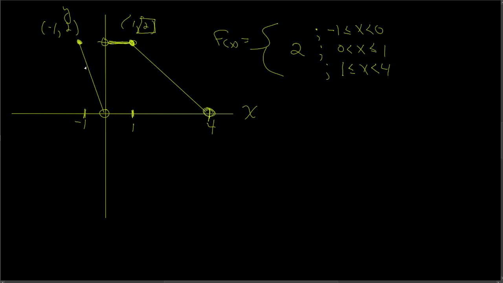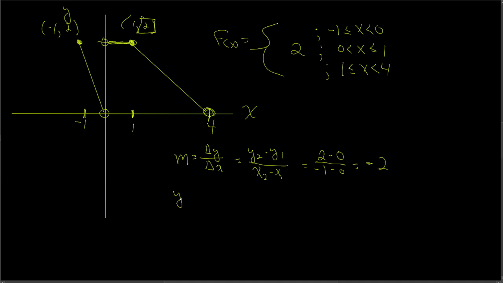This is a line. So we'll use our point slope version of the line. For the first function, we'll go m is delta y over delta x, which is y2 minus y1 over x2 minus x1. And so we'll have 2 minus 0 over -1 minus 0, or a slope of -2.